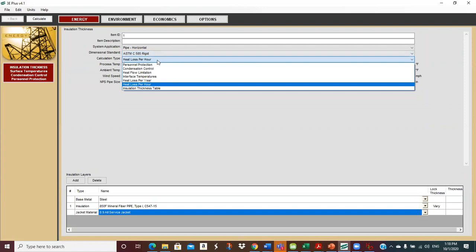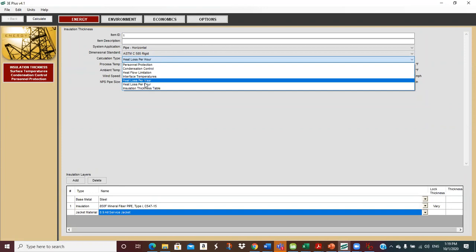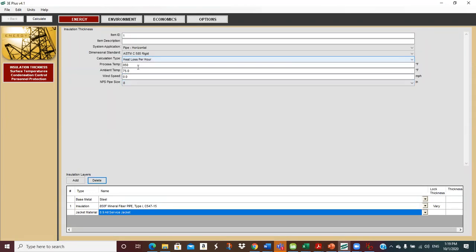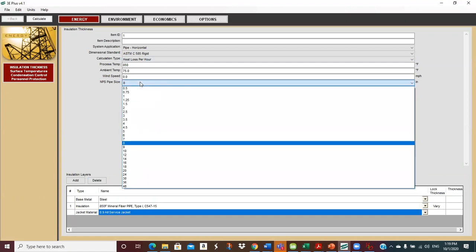Different types of reports. You can run personnel protection, condensation control. So it changes the output a little bit. I'm typically looking at heat loss per year, heat loss per hour, something like that. Process temp, ambient, wind speed, and if it's pipe, it wants to know the pipe diameter.